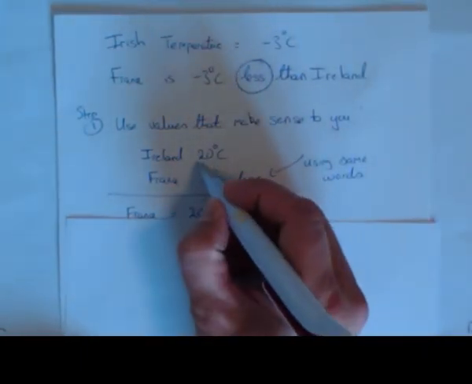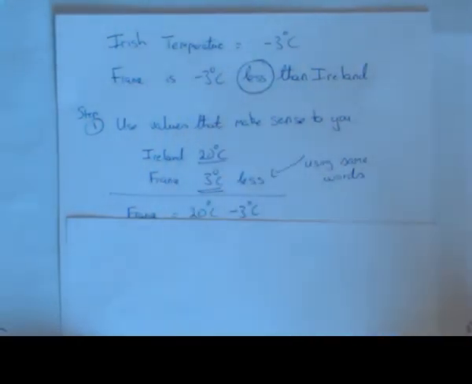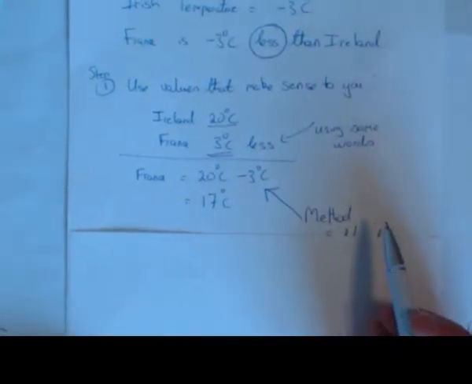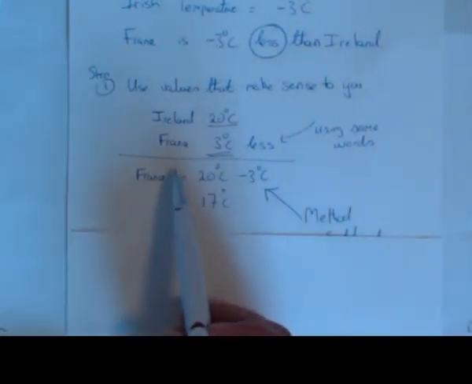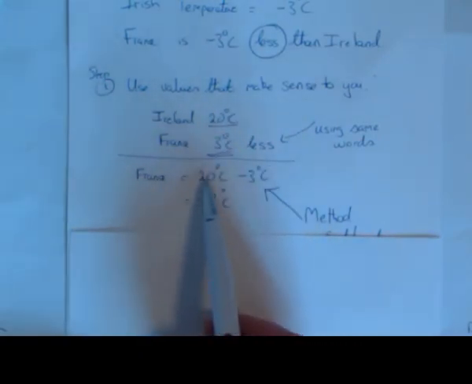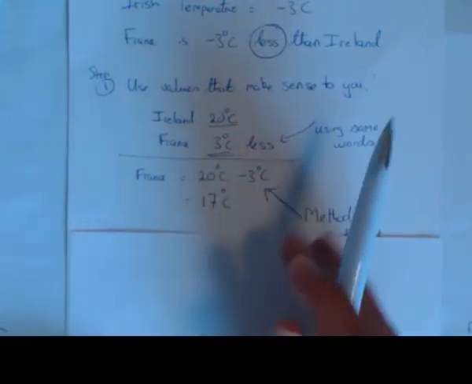So we're going to pick Ireland being 20 degrees and France being 3 degrees less. What's our method? How do we figure out what to do? Well, we know how to do this with the numbers. You've practiced this in primary school a lot. You know that if it's 20 degrees in Ireland and 3 degrees less in France, the temperature in France is the 20 degrees and you subtract 3 degrees to get 17 degrees.